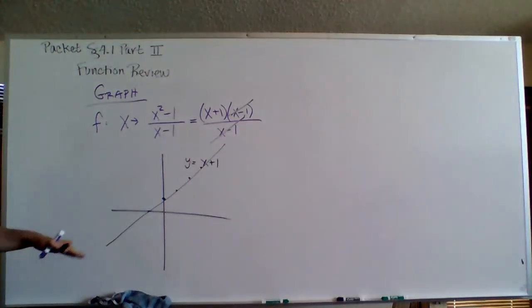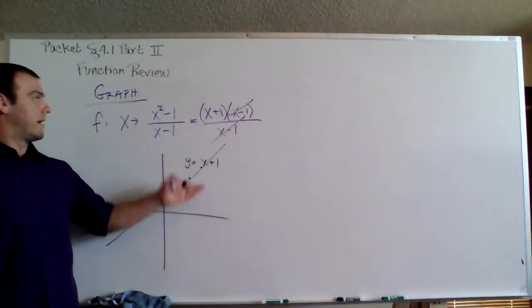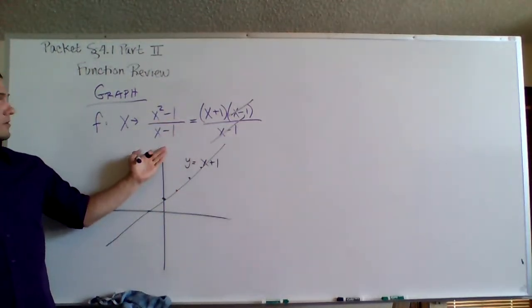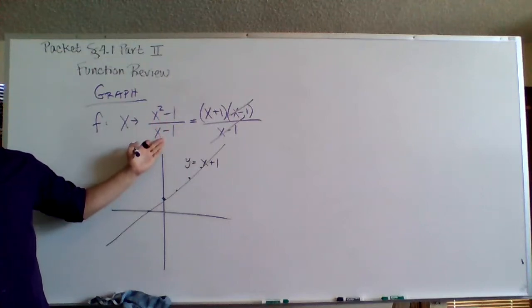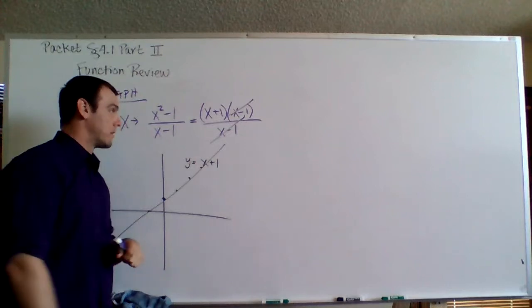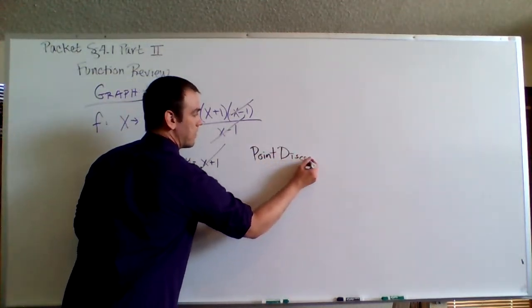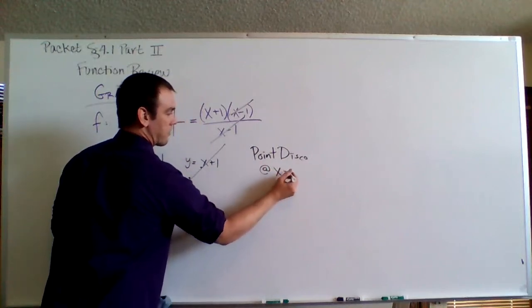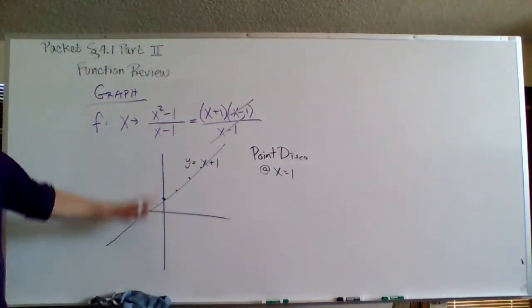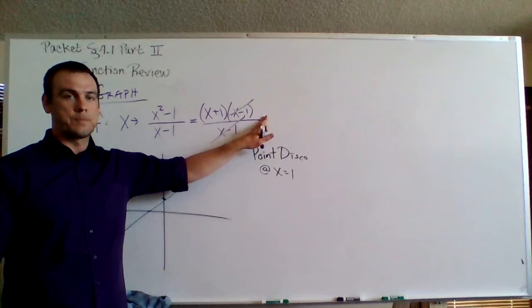Okay? However, it's not quite the same as this function here, because this function, we can't divide by 1, or when x is 1, because then we're dividing by 0. So really what this is, a point discontinuity at x equals 1. All right, because that canceled.